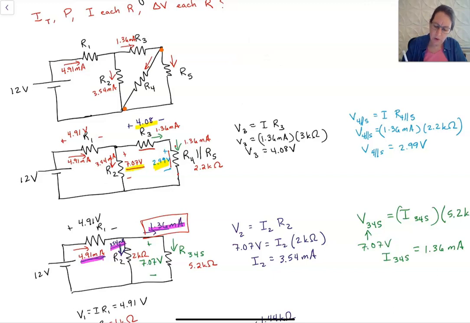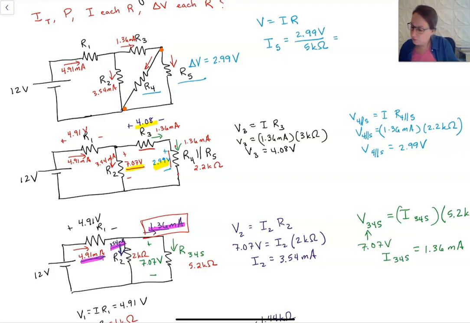So we know the voltage across R5 and R4, this delta V, is equal to 2.99 volts, right, across R5 and R4. So the current for 5 using V equals IR. So I is V over R. So we get 2.99 volts over 5 kiloohms.